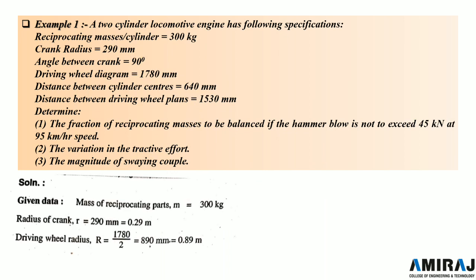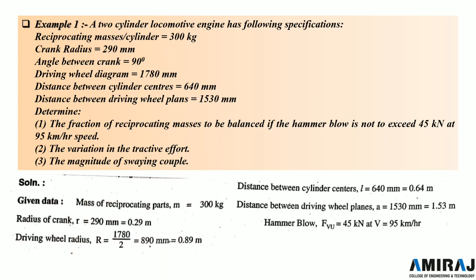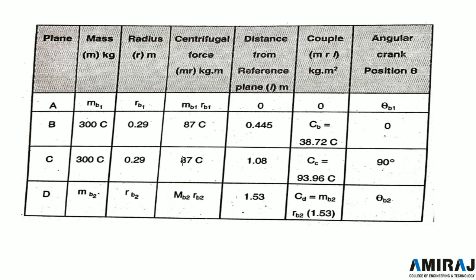So here first is the given data that I already discussed. First we have to prepare the table. Here we can see there are 4 masses A, B, C and D. The first one is MB1 and the last one is MB2.